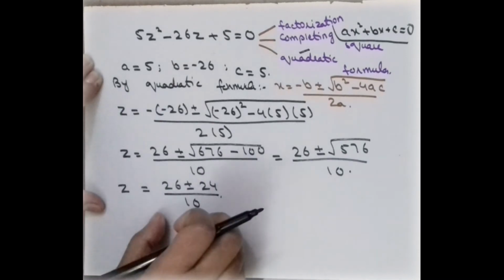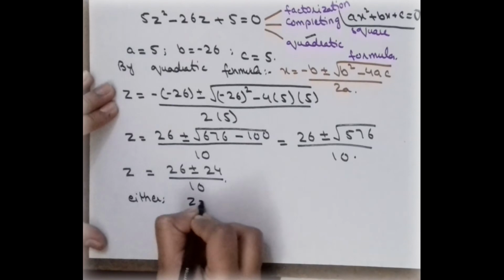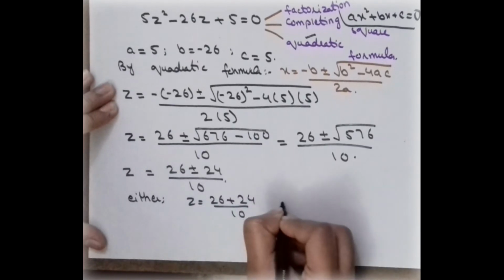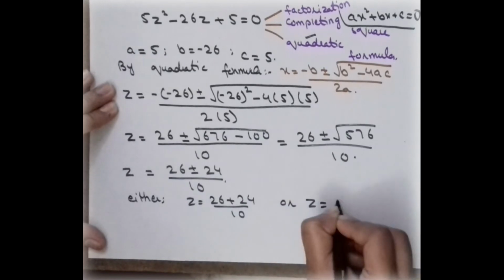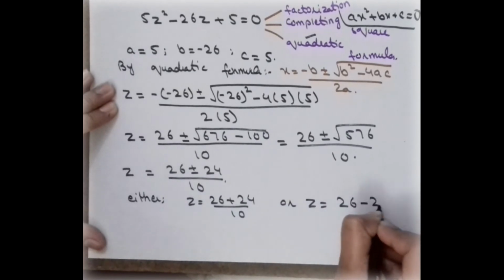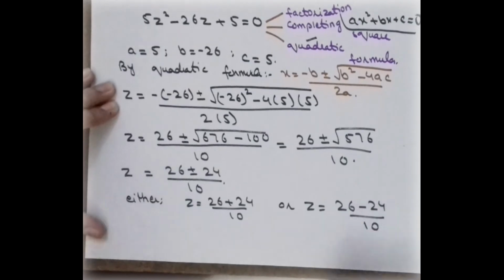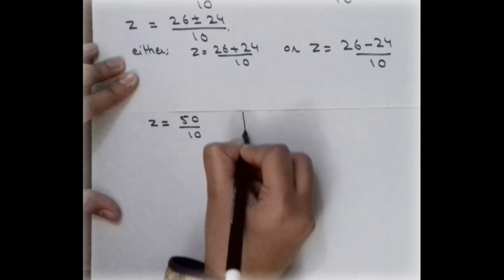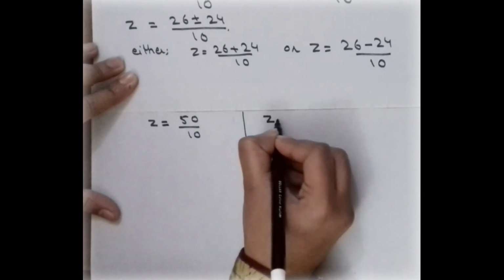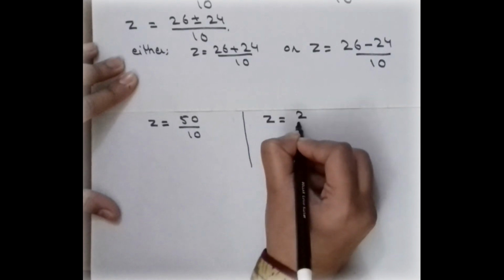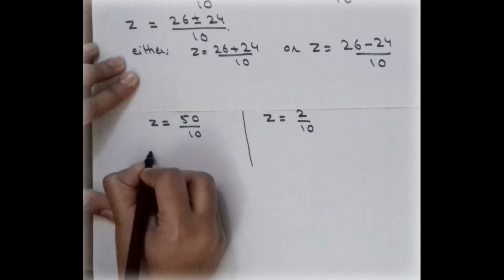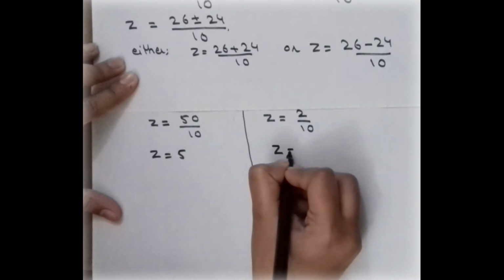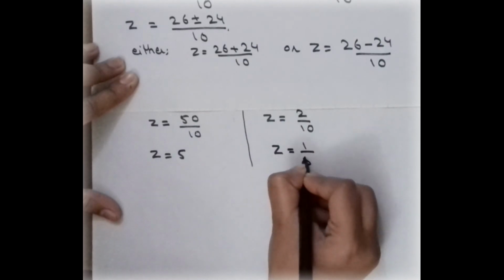Now we solve either z equals 26 plus 24 over 10, or z equals 26 minus 24 over 10. So z equals 50 over 10, or z equals 2 over 10. So z equals 5 and z equals 1 over 5.